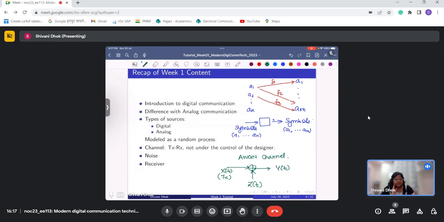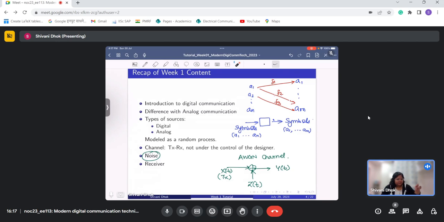Now the next thing that was covered was this noise. As I mentioned, the noise gets added at the receiver end, and this is a random quantity. We know certain characteristics of this noise, that we'll consider it to be wide sense stationary, and some knowledge we will have, but what exact value of noise it will take, we don't know.